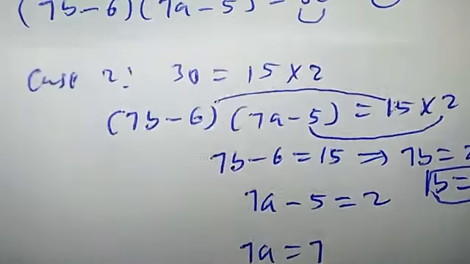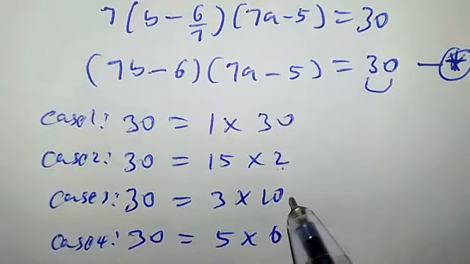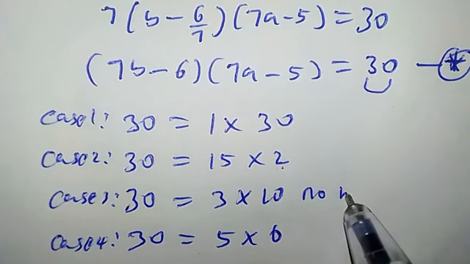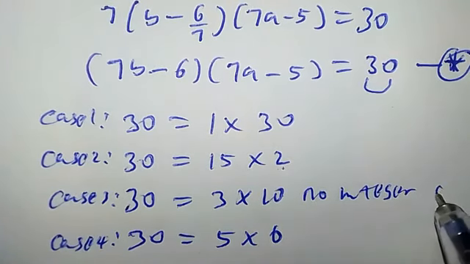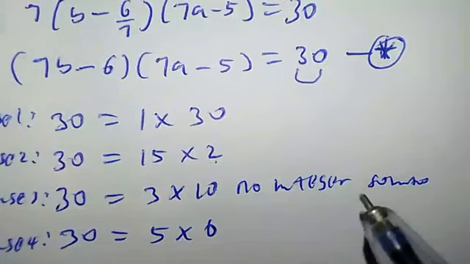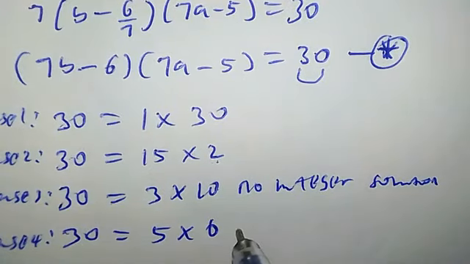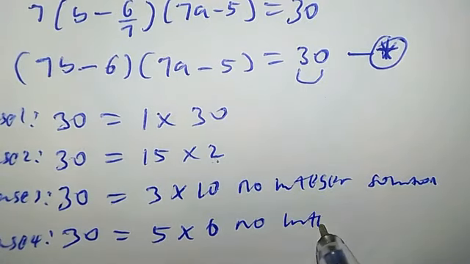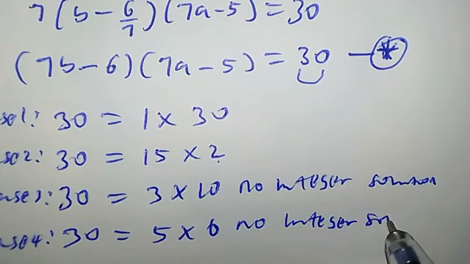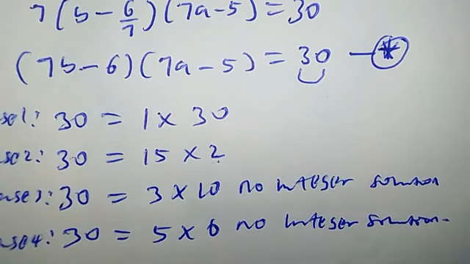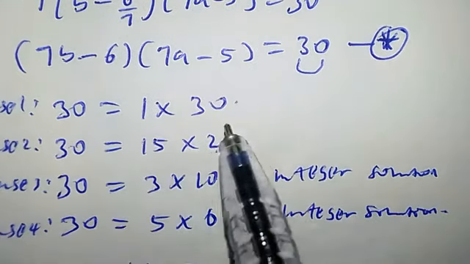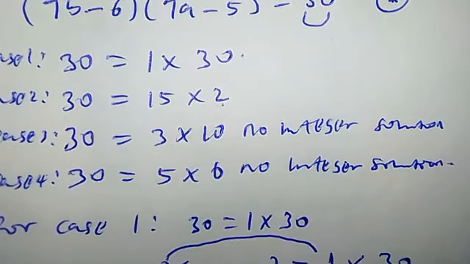For case 3, if you try to find it, there is no integer solution. And for case 4 also, no integer solution. You can try that and confirm. Only for case 1 and case 2 do we have integer solutions.